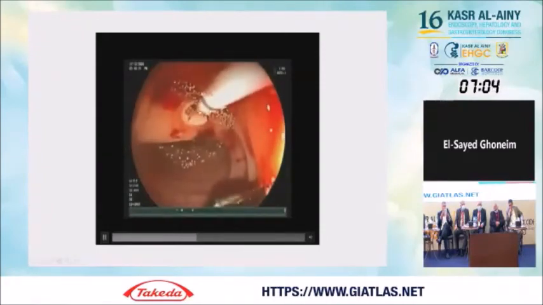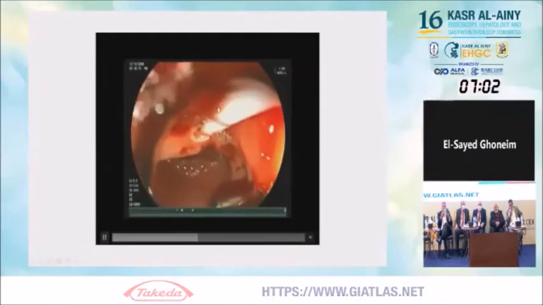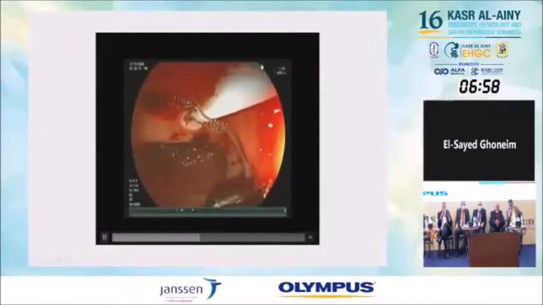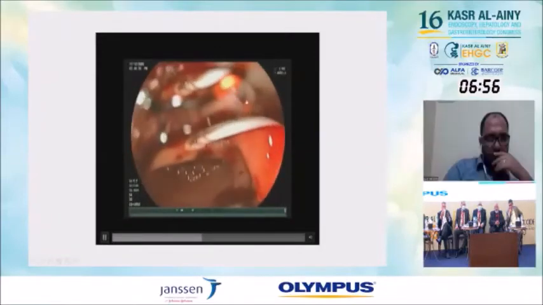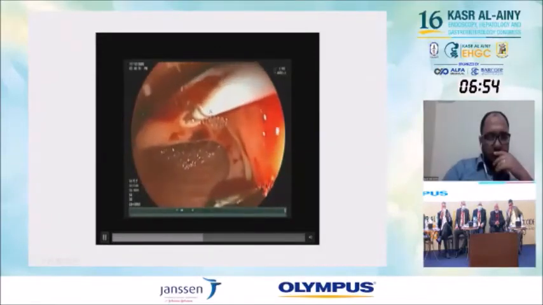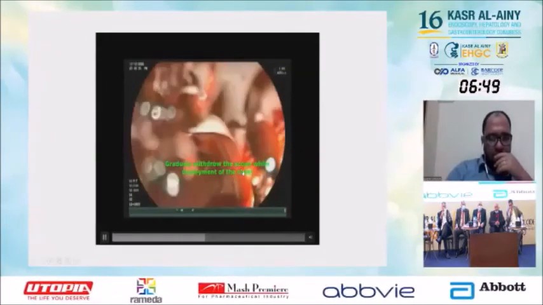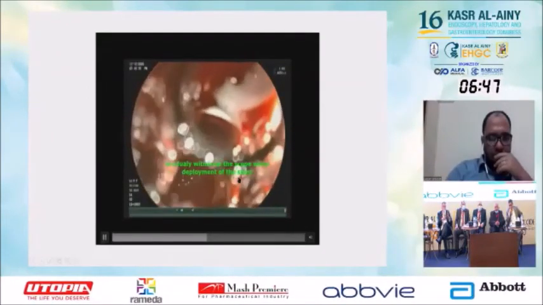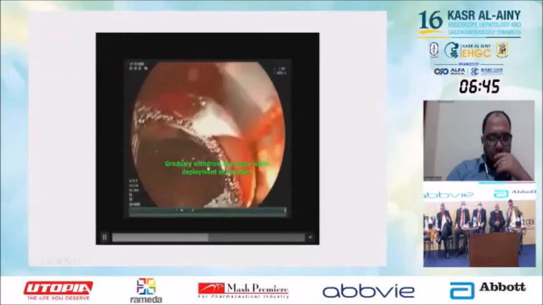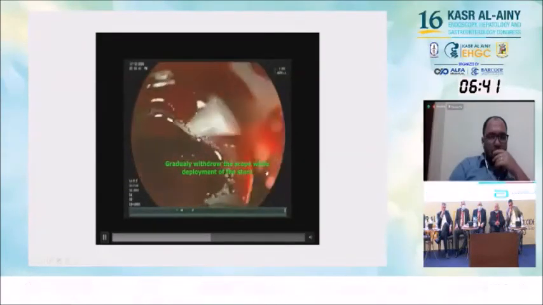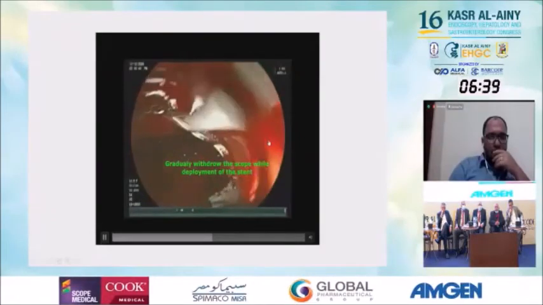This is the distal mark of the stent. We gradually withdraw the scope while deploying the stent, withdrawing the scope towards the pylorus gradually and gradually deploying the stent.